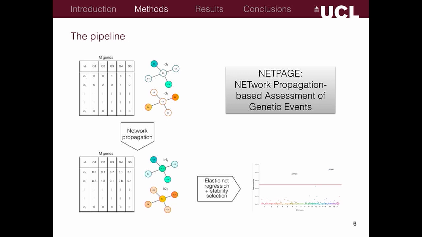We developed this pipeline that we termed NetPage, which stands for Network Propagation-Based Assessment of Genetic Events, that basically starts off with a subject times genes matrix of rare variant burdens, runs it through the network propagation step, and then uses the resulting smooth scores to fit an elastic net regression model with stability selection analysis in order to identify genes that are robustly associated with some imaging outcome.